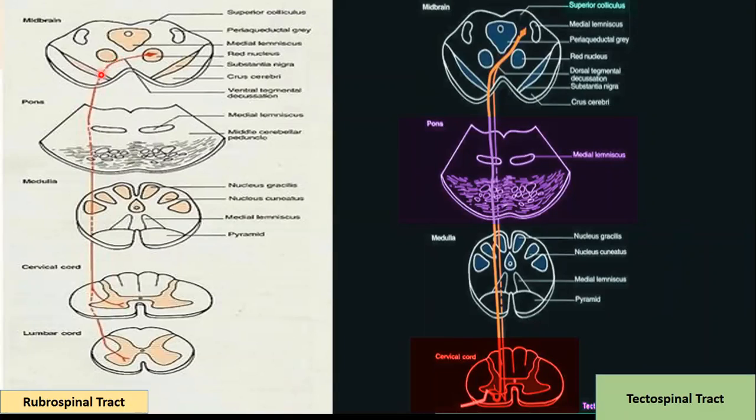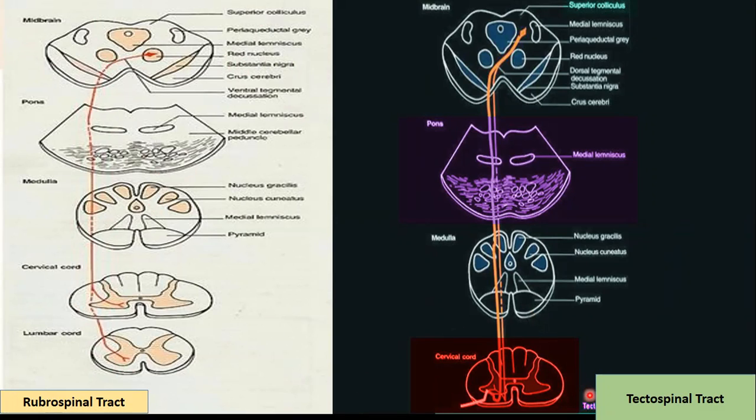From there our fibers go to the pons, then pass to the medulla, and then finally end in the interneurons, that is, indirectly in the spinal cord. So this is the rubro tract. The only thing you need to remember is that it starts from the red nucleus. The red nucleus is present in our midbrain.